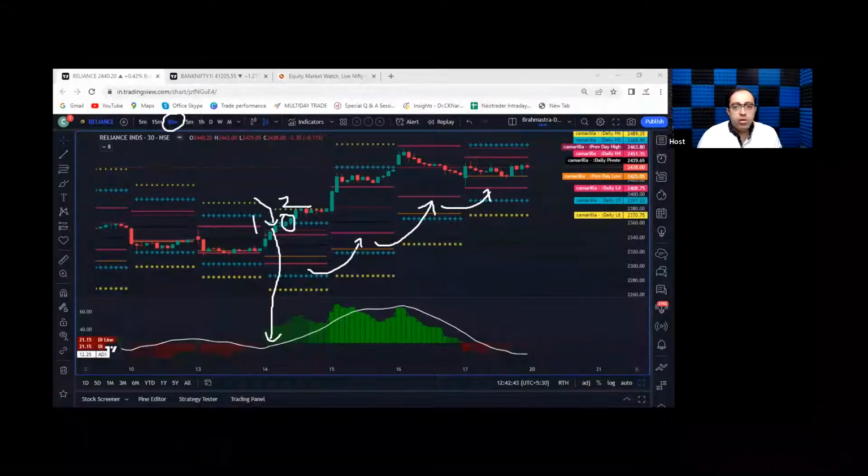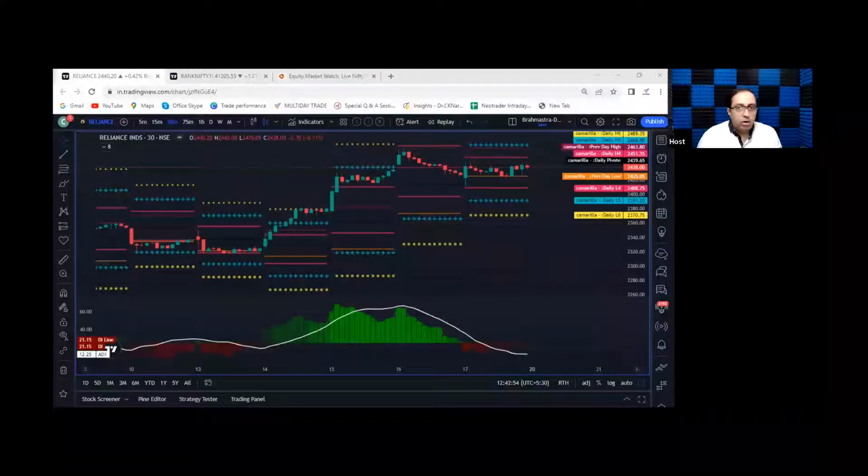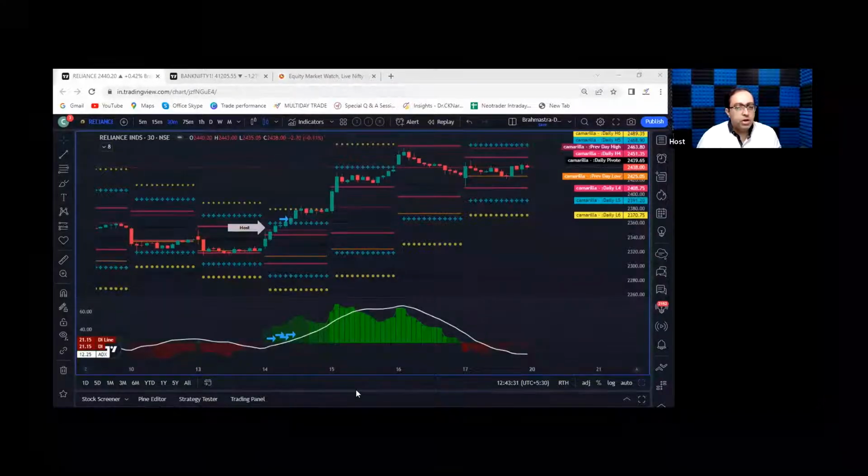If it is unclear, no problem, tell me, and we will take one more example. Don't worry. Don't split hairs about entry. If you see this, you have to enter. After that, you have to take a second entry. You have to see this. Can you see this? This ADX going up, then you go up and then you take again, which is your second entry.